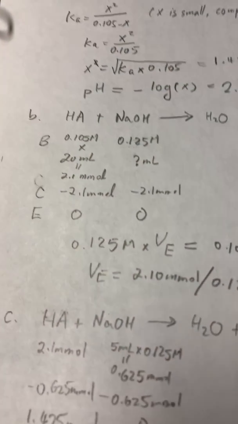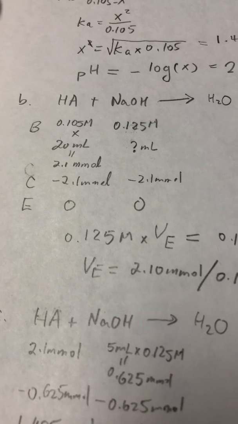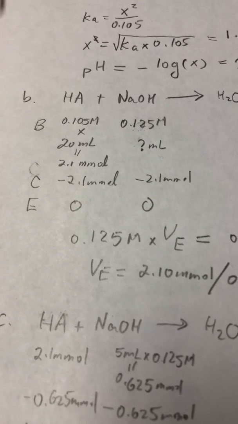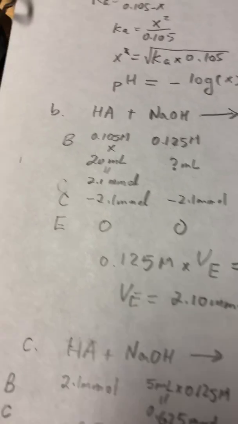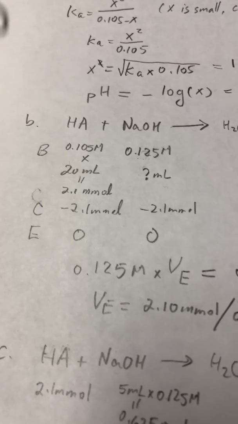Well, look previously, what is the total moles of substance of weak acid? 2.1 millimoles. That means at the equivalence point, you have exactly 2.1 millimoles of the conjugate base.